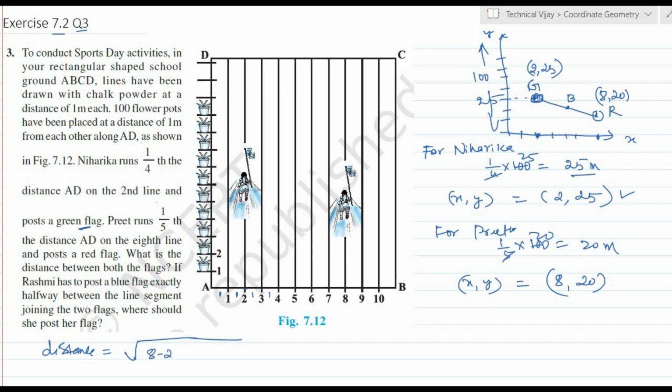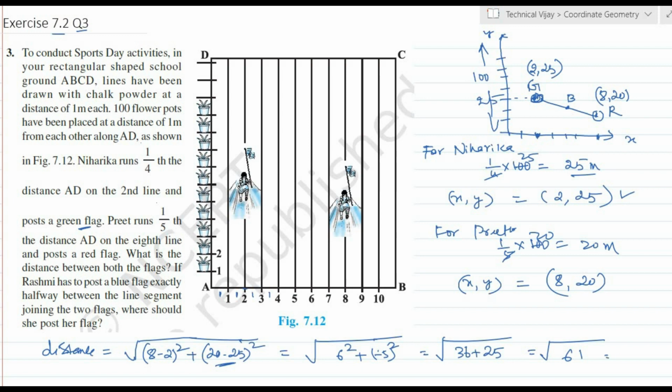That is 8 minus 2, which is 6 squared, plus 20 minus 25, which is minus 5 squared. So the square root of 36 plus 25, which is the square root of 61.